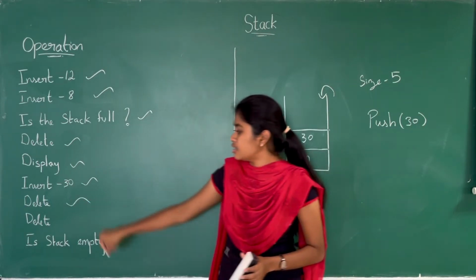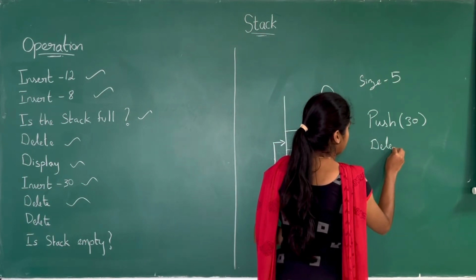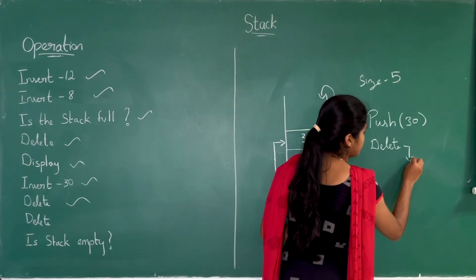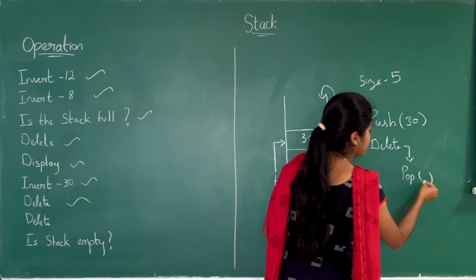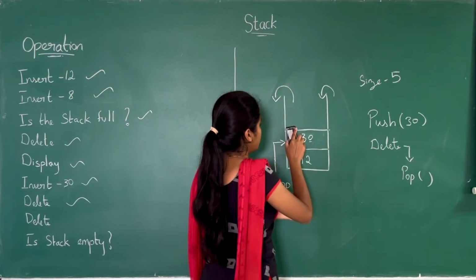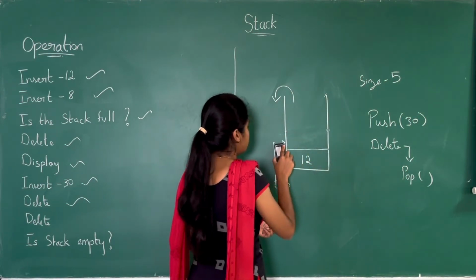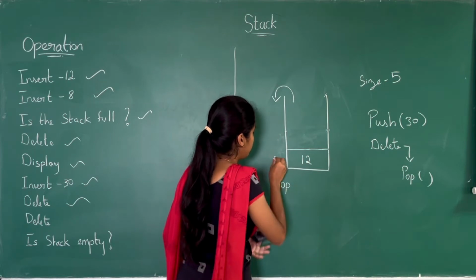Next is delete. This is a pop operation. This will pop out the first element which is 30. 30 will be popped out, so 30 will be deleted from the stack. This top pointer will point to 12.